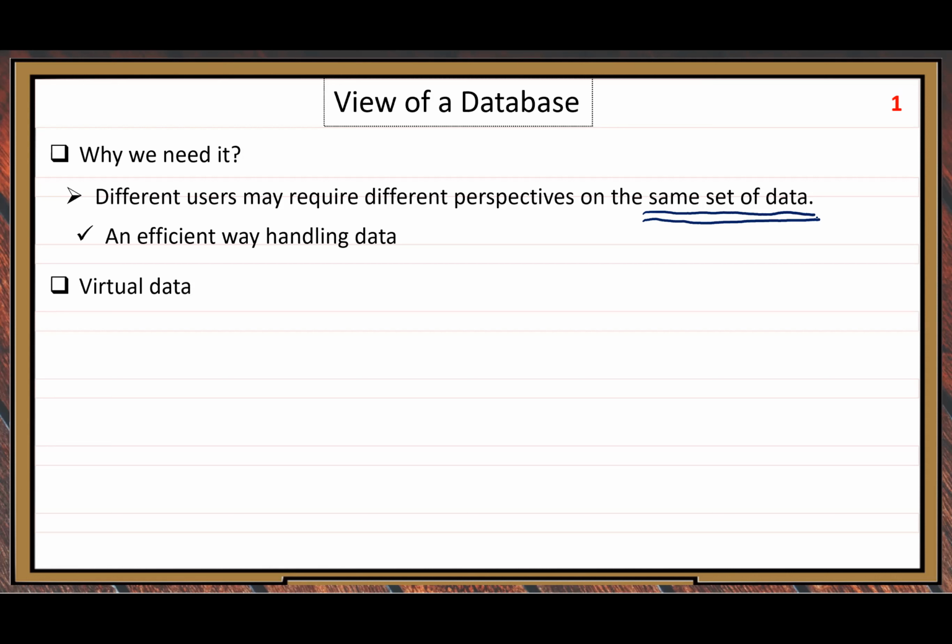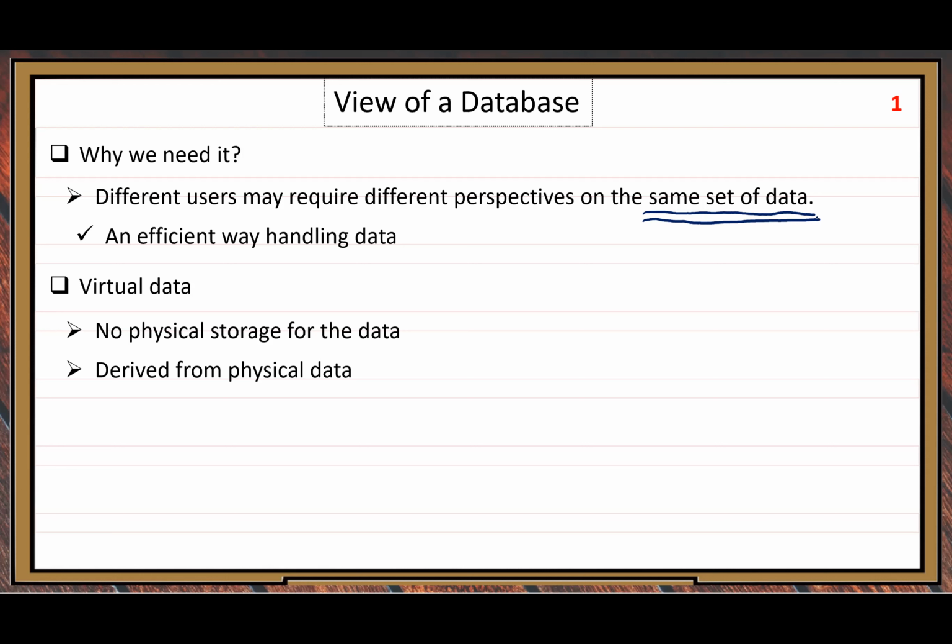Let's look at some more properties. No physical storage for the data. The first property is that it can save a lot of space, especially for a large number of users with all different kinds of requirements. Second, they're derived data, derived from physical data.